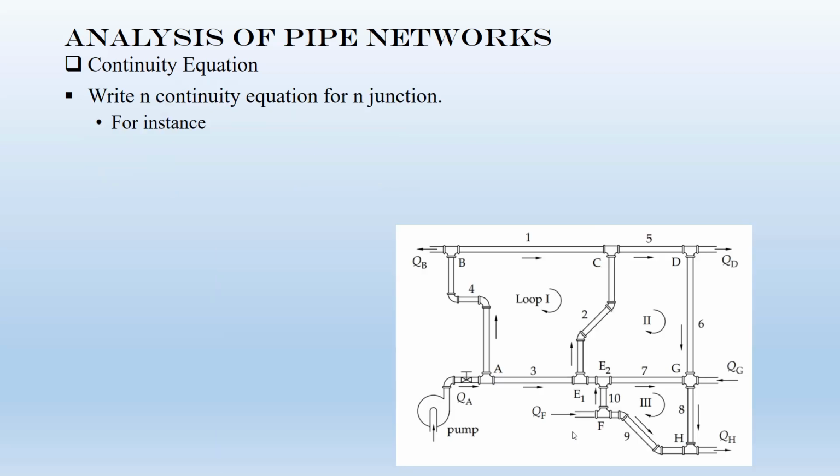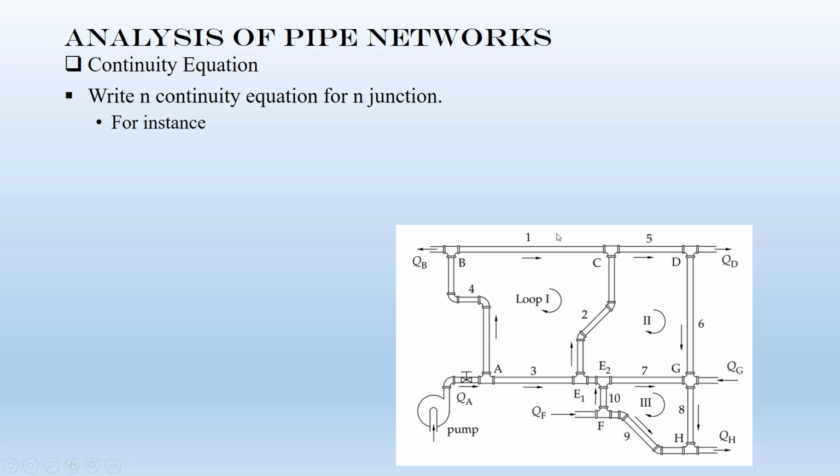And then you can write the continuity equation for each junction. If we have n junctions, you can set n continuity equations for these junctions, correct? For example, the continuity equation for junction B is Q4 equals QB plus Q1.